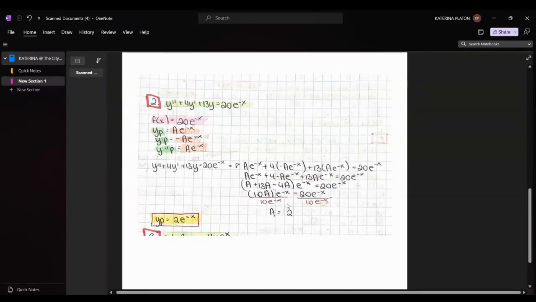I divided both sides by 10 e to the power of negative x, which gives a equals 2. Then we substitute a equals 2 into our yp, and this takes the form yp equals 2 e to the power of negative x. That's it.